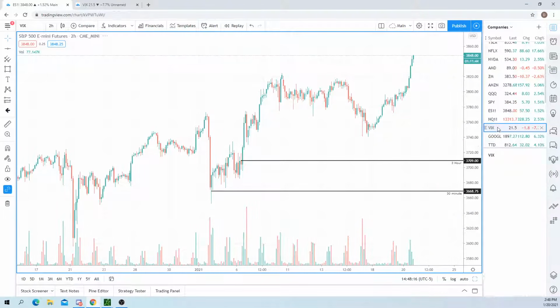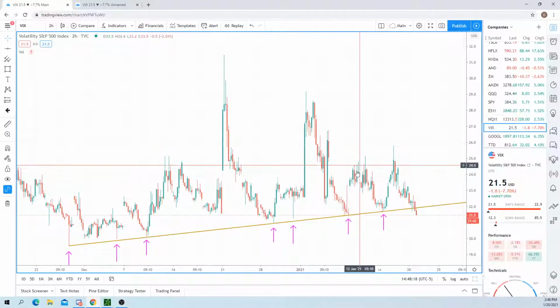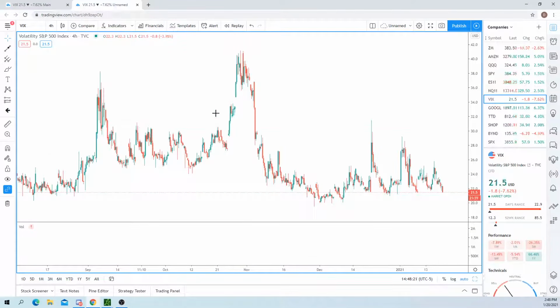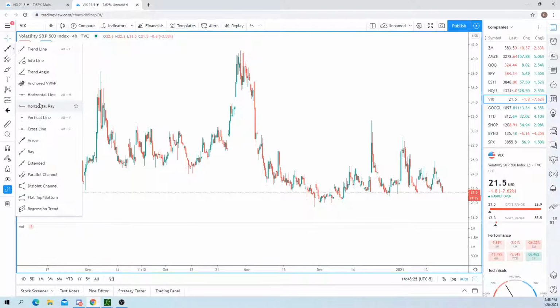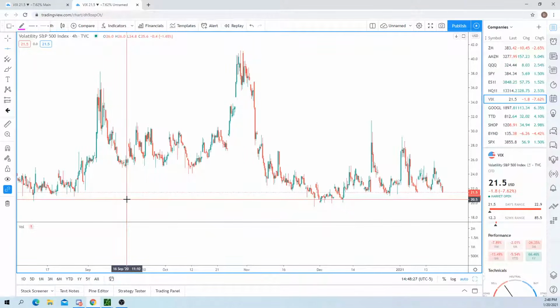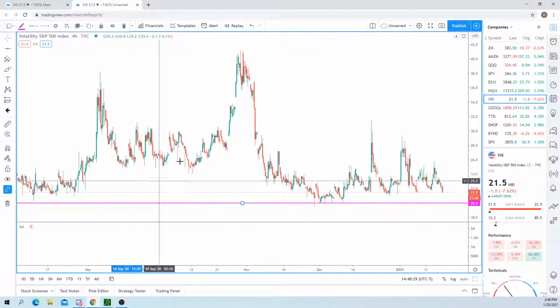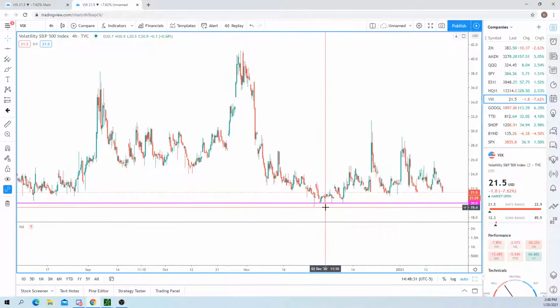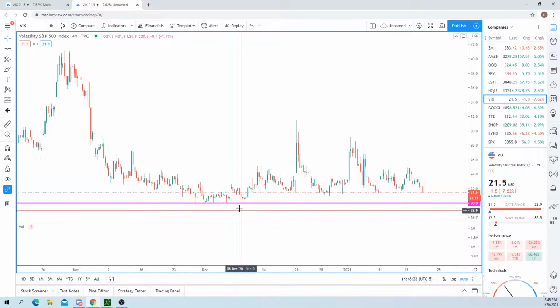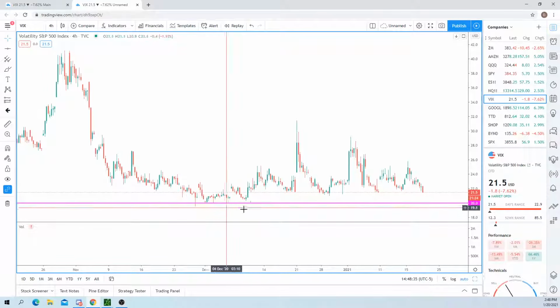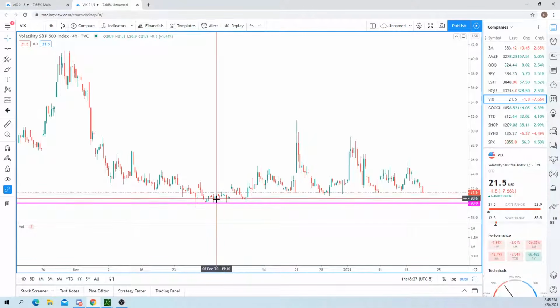Okay, so what I see for the VIX moving forward is I believe that it will test the $20 support level. I'm going to highlight this $20 support. You can clearly see here that each time VIX has tested 20 or in that general area, it finds support.